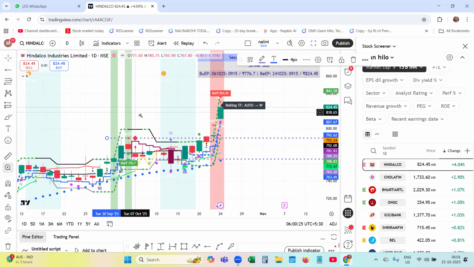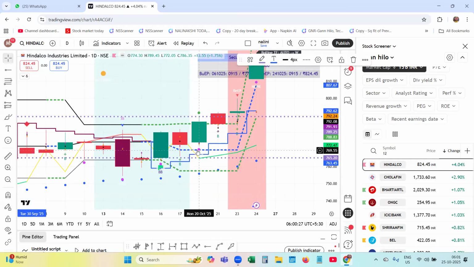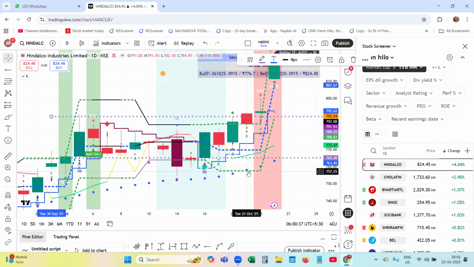Or otherwise, with my rolling pivot on daily time frame, when the price is climbing above the pivot, all the pivots are turning green, and the Gann Hilo, the dynamic color changer Gann Hilo, longer term Gann Hilo, all are positive, then you can enter into the trade.